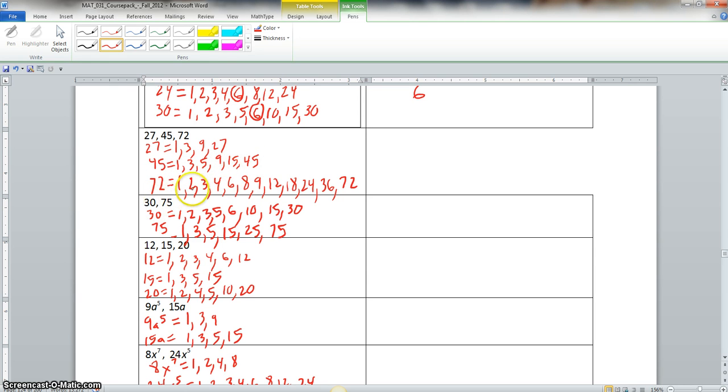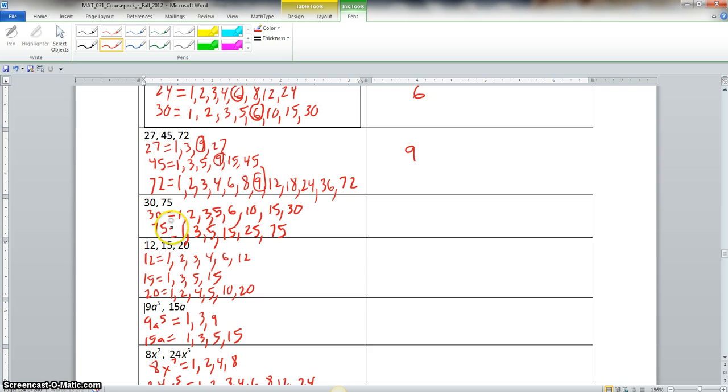And 72, we have 1, 2, 3, 4, 6, 8, 9, 12, 18, 24, 36, and 72. And remember, when you match these numbers up, they multiply together to give you the number you started with. Now, if we look here, we have to pick out the greatest common factor. The greatest common factor of all three of these is 9. So your GCF is 9.